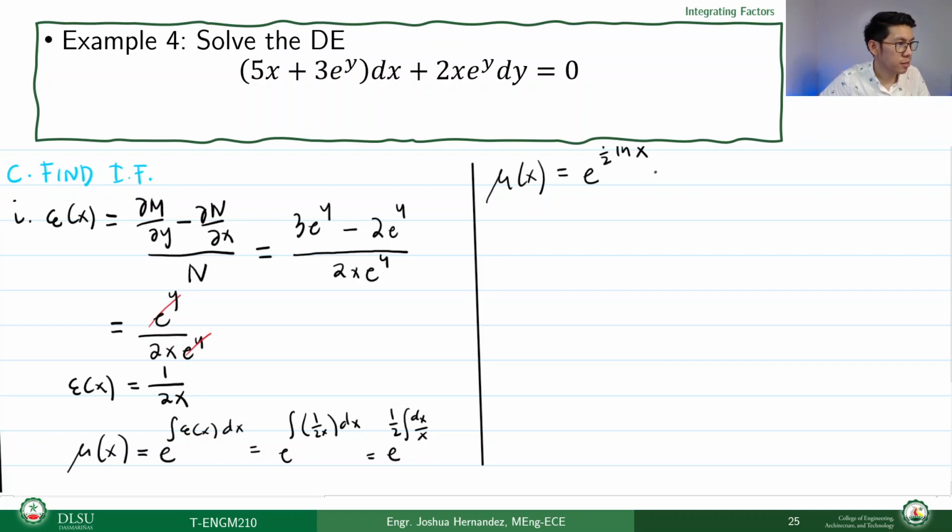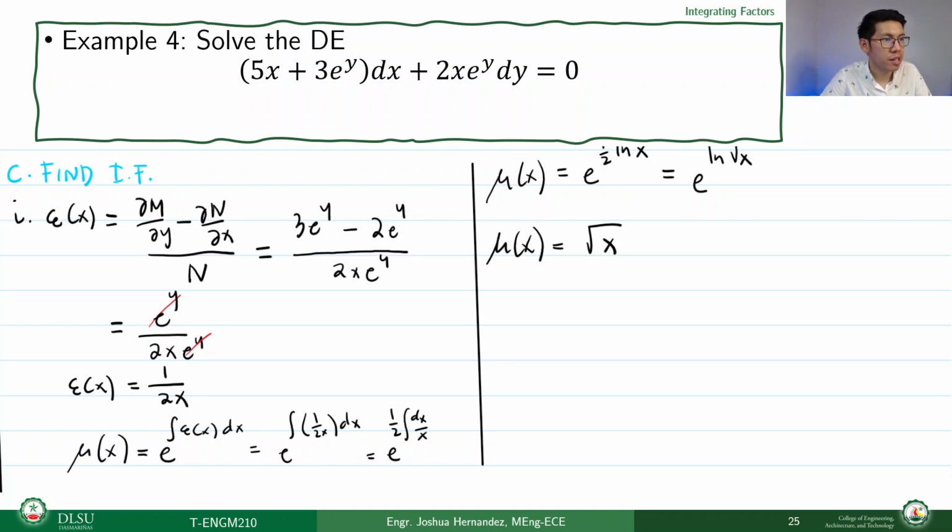Further, by properties of logarithms, e raised to ln square root of x. If the natural logarithm is raised to e, then that cancels out, and we have mu of x being square root of x. All right, so we now have our integrating factor.